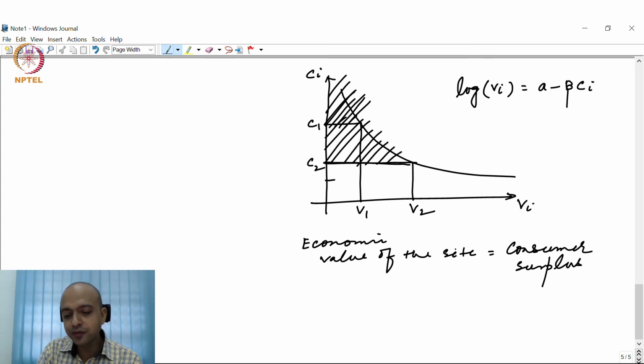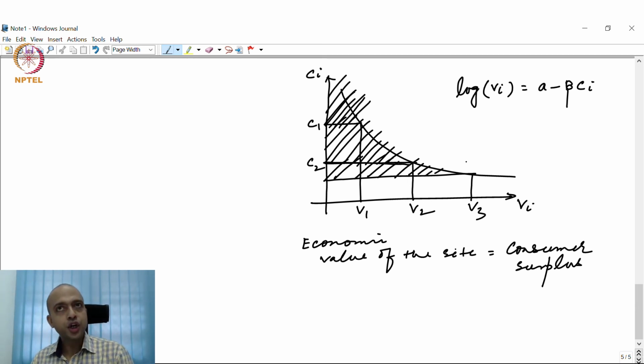Similarly, for another visitor V3, this is the surplus. If we add all this surplus for these 1000 individuals, we get the total surplus, and that is the total economic value of that site.